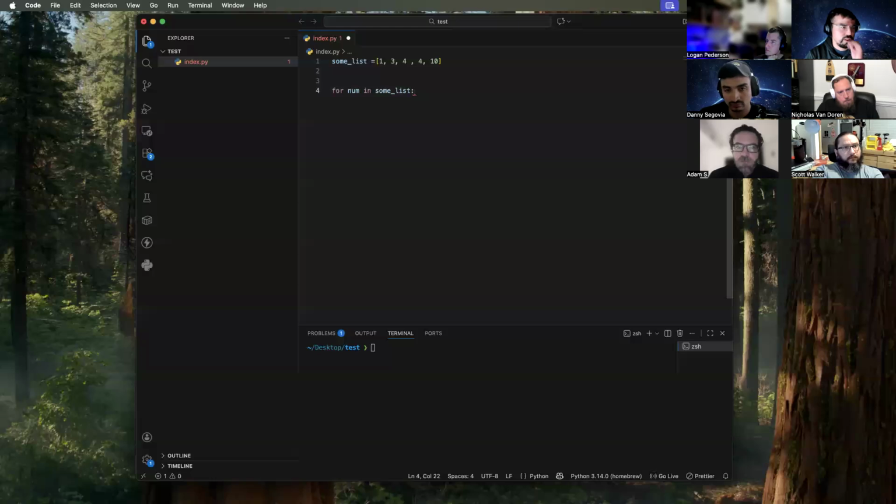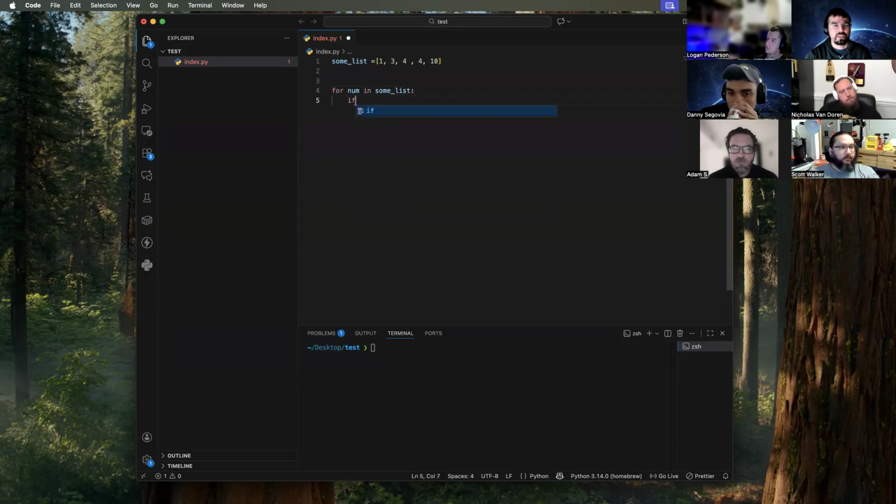What's happening here on line 4? Iterating through the num list. Yeah, I'm just going to iterate over num list, right? And if I do here, if num equals 3, return true.